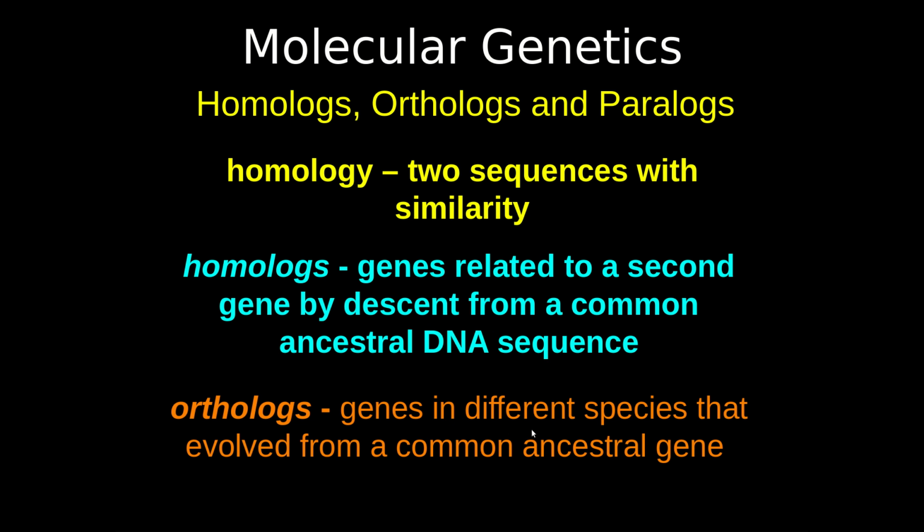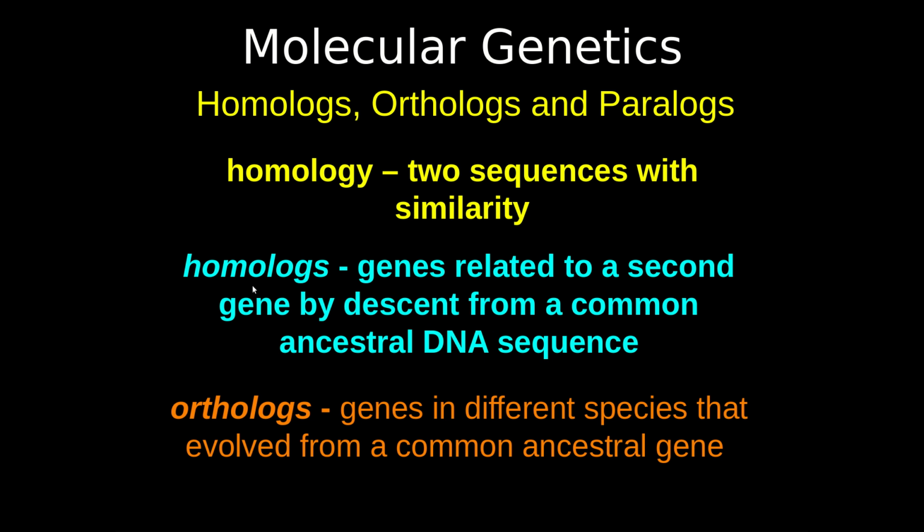Now, orthologs are genes from different species that evolved from a common ancestral gene. So it's kind of the idea, orthologs, homologs. This one is across species. This is kind of within the organism. I guess I kind of misspoke, but homologs, genes are related to a second gene by descent from a common ancestral DNA sequence.